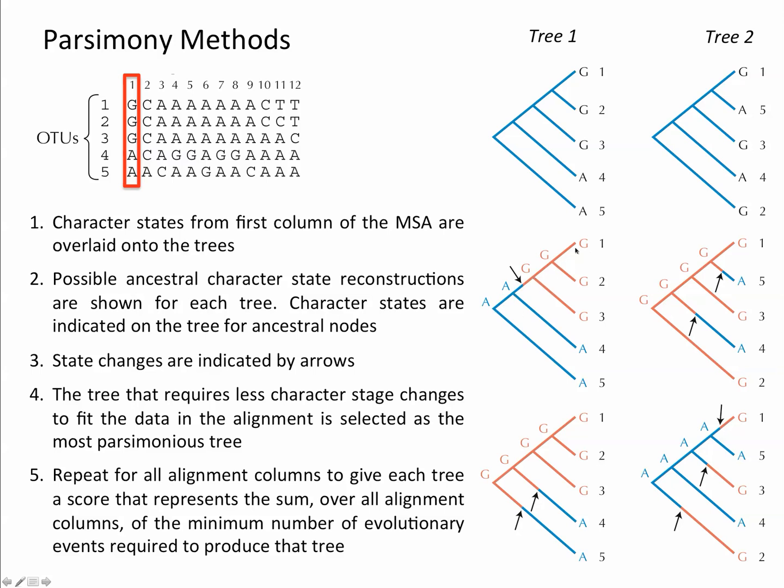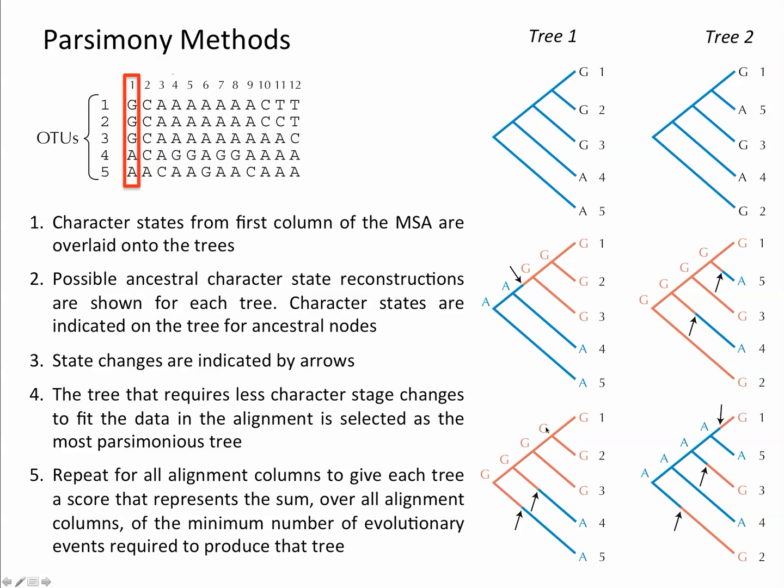We have 2 G's. The ancestor is a G. Here, also the ancestral character is a G. Here, we have an A, so the ancestor has to be an A character, and similar from here.